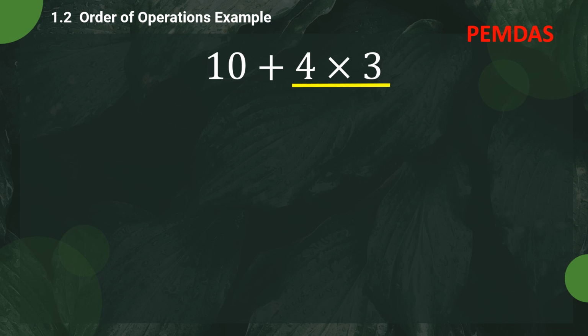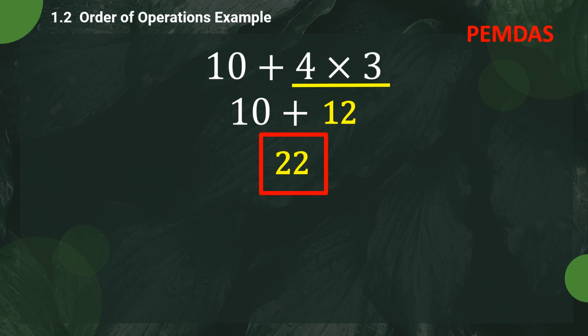So we're going to do this multiplication first. So 4 times 3 is 12. And then we're going to bring down the 10 plus, and it becomes 10 plus 12. So 10 plus 12 is 22. And so that final answer is 22. So that's a pretty simple example for order of operations.